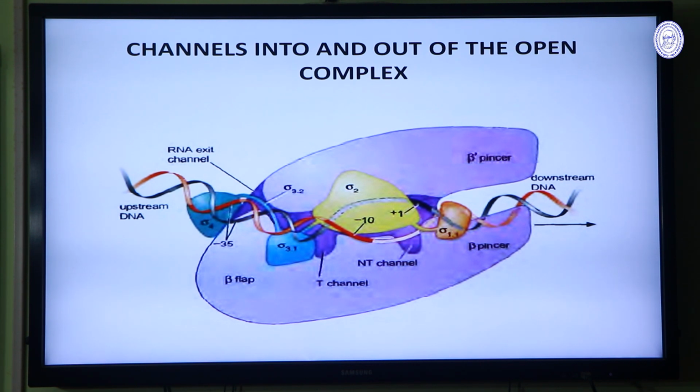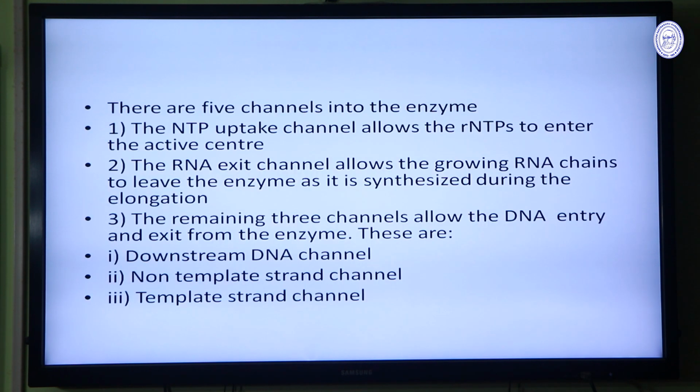There is another channel from where the non-template strand enters into the sigma factor, and another channel, the T channel, through which the template strand enters into the sigma factor. So, there are basically 5 channels in the enzyme. The NTP uptake channel allows the RNTP to enter the active center, that means at the core of the beta subunit.